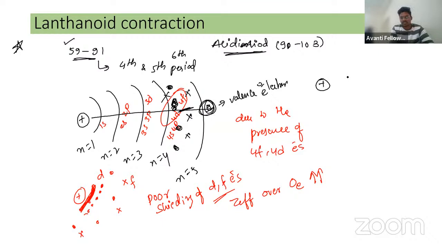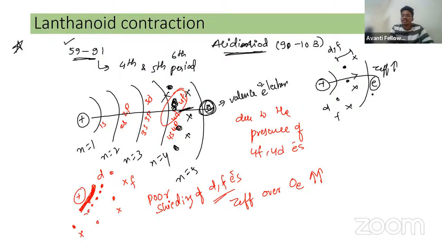Let's suppose these are s electrons, these are d electrons and these are f electrons. This is the outer shell. So due to the poor shielding of d and f electrons, the effective nuclear charge over the outer electron increases, Z effective increases.